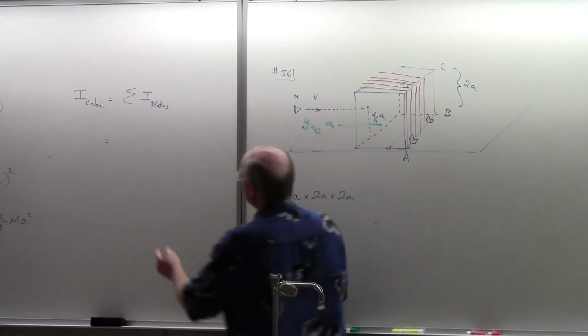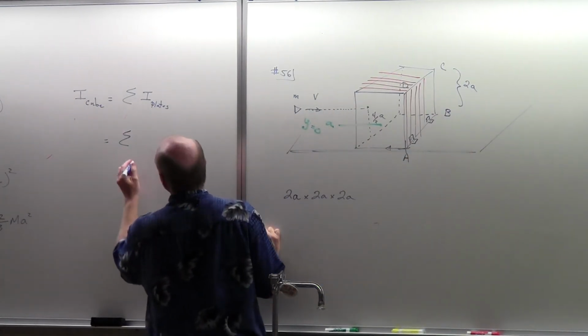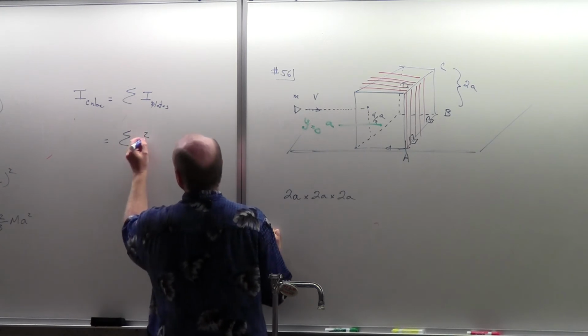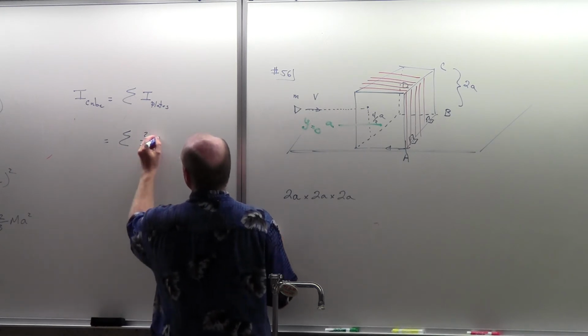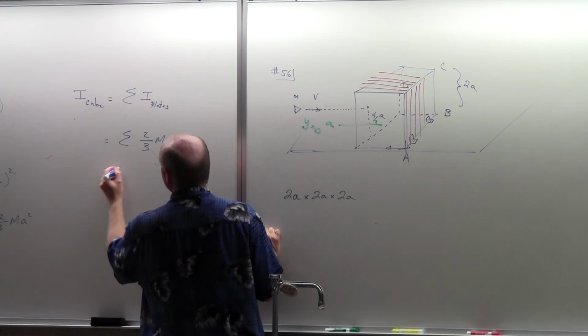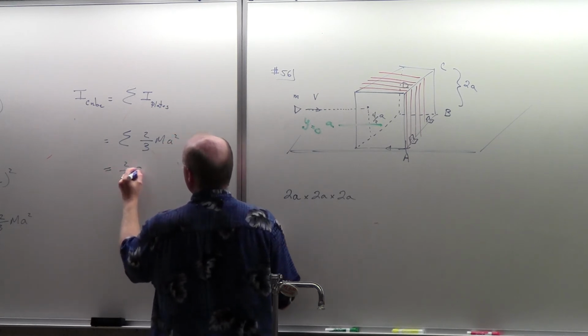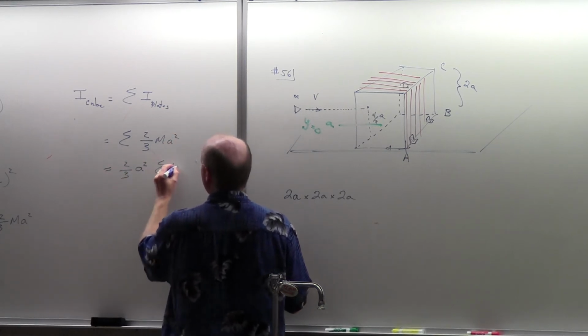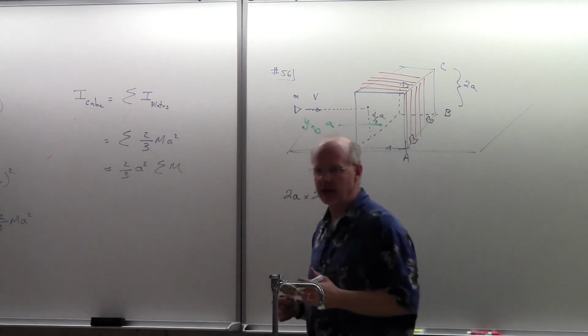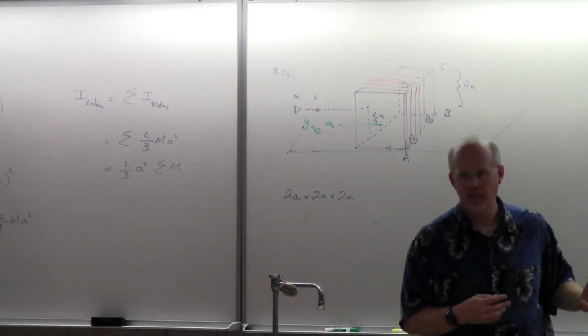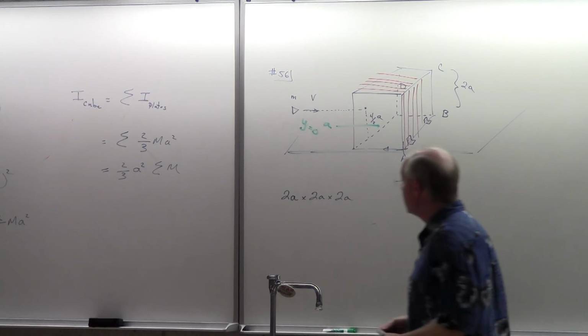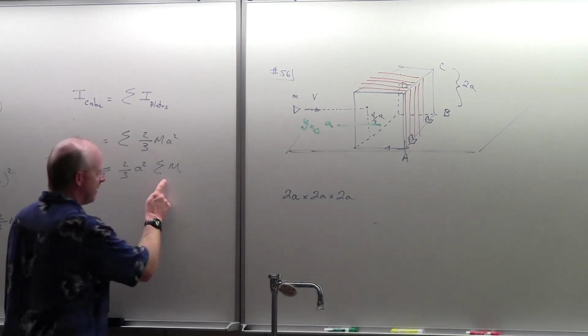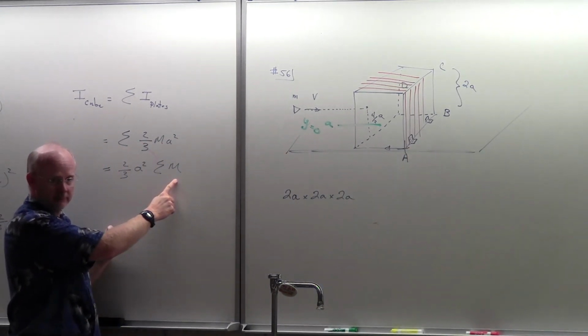All right, so if you look carefully at this, you've got to add up all these plates, you've got 2/3 MA squared. What's nice is that every plate has the same dimensions, and so we can pull the A out. And of course, what makes it nice is this is the sum of what? The mass.